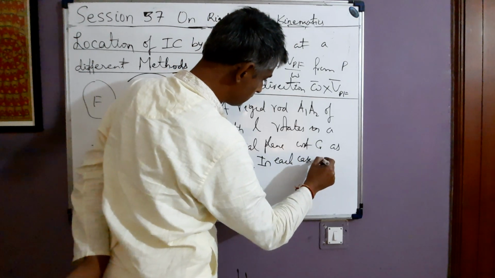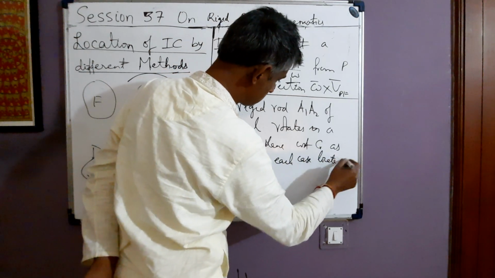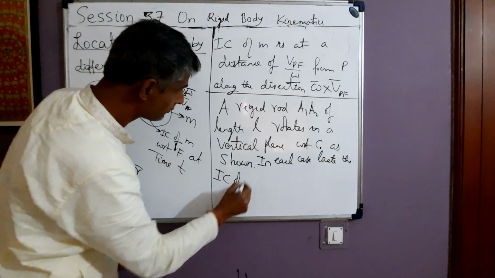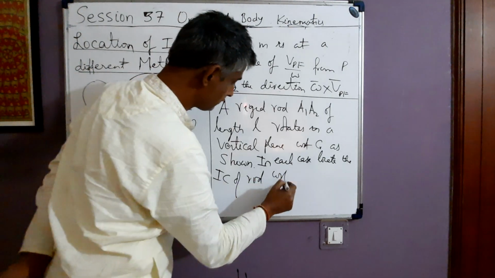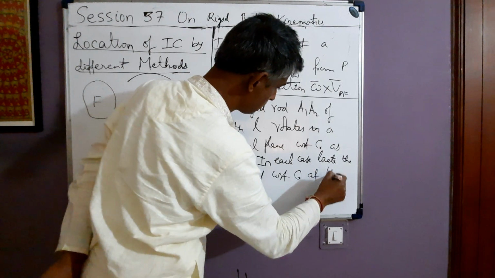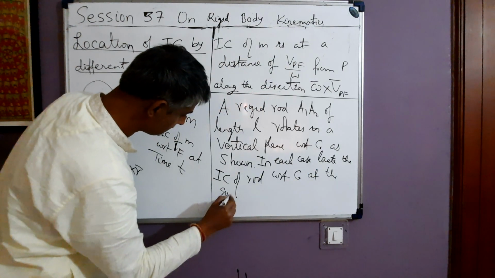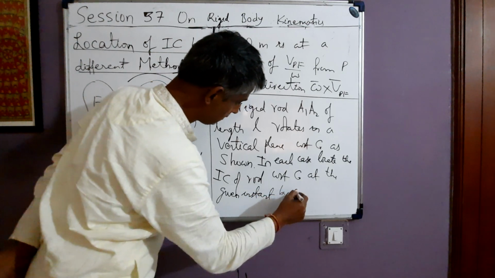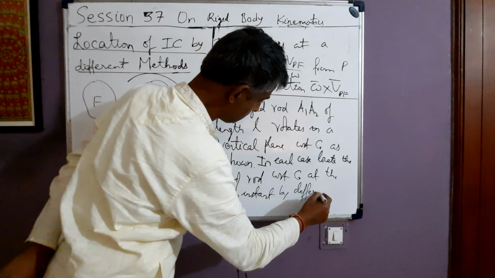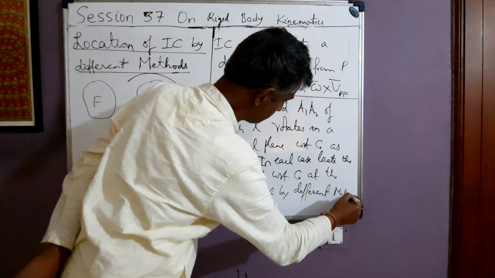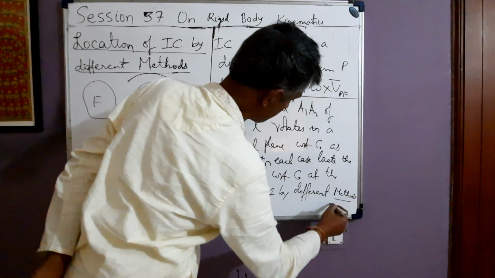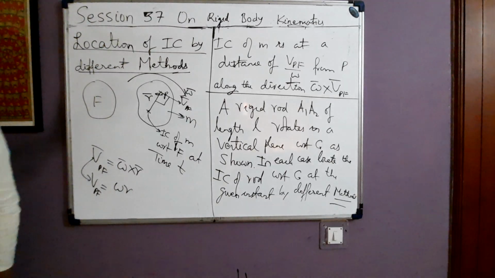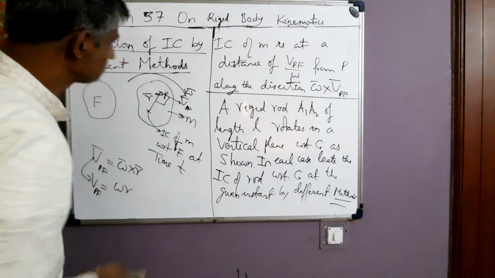In each case, locate the IC of the rod with respect to ground at the given instant by different methods.